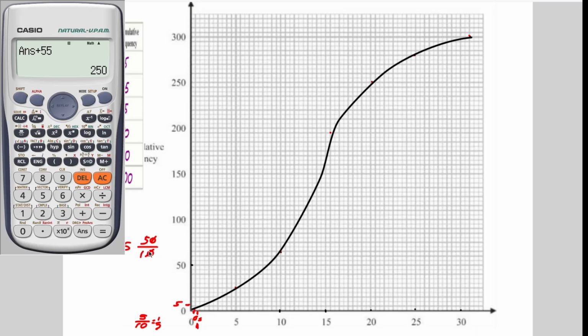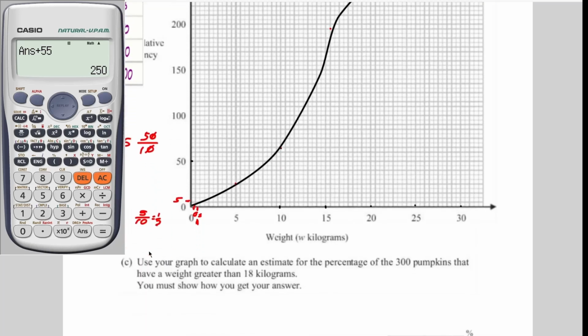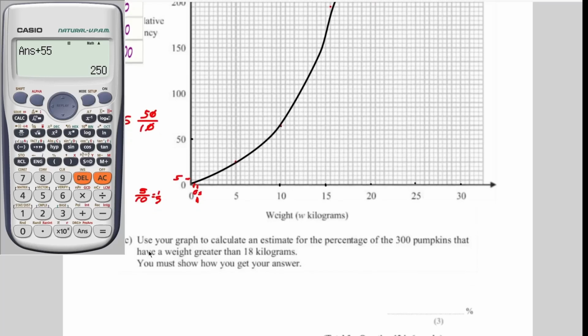Right. Part C. Use your graph to calculate an estimate for the percentage of 300 pumpkins that have weight greater than 18 kilograms. You must show how you get your answer. First, figure out where 18 lies.